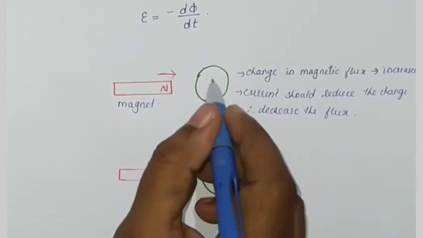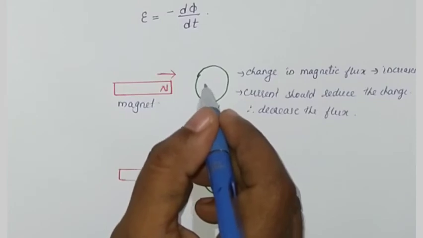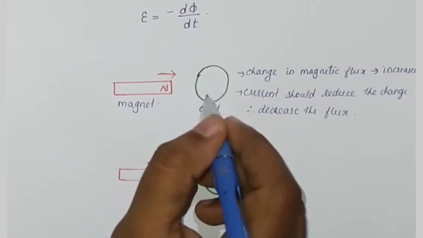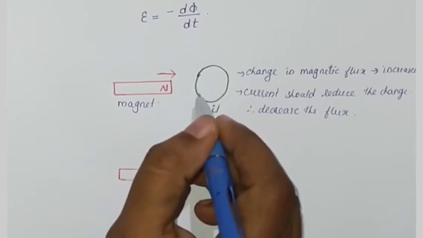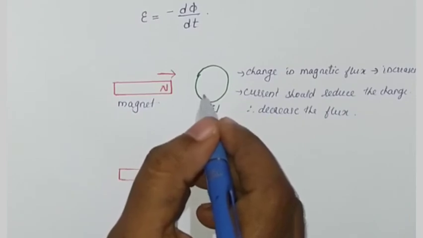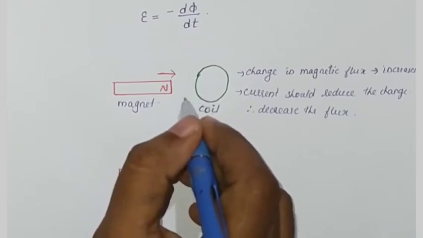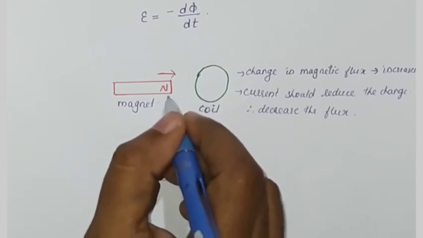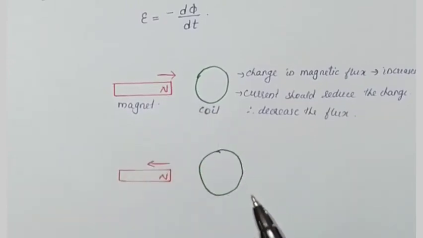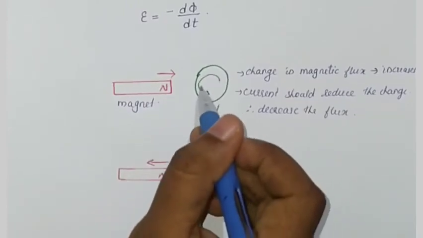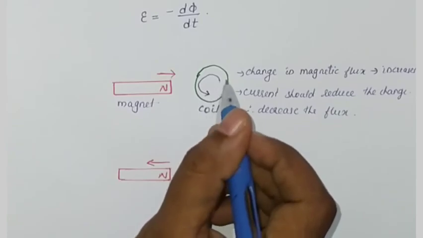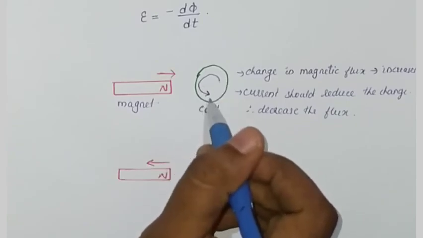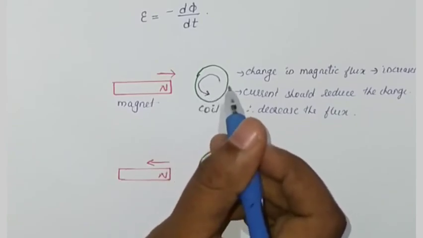Now the current should be produced in such a way that this face of the coil becomes a north pole, so that it can repel the north pole of the magnet that is coming closer. And we know that a current in the anti-clockwise direction will make this face of the coil act as a north pole.